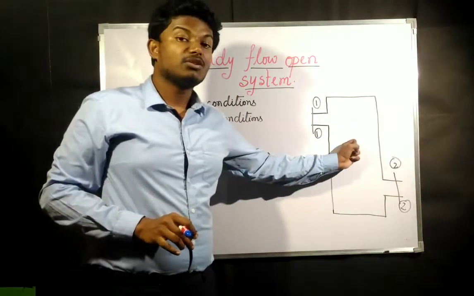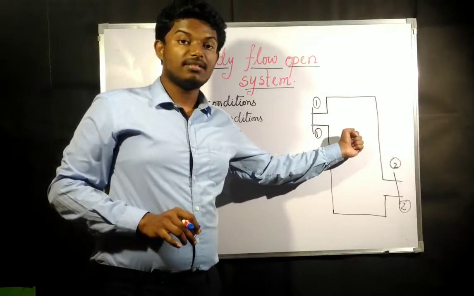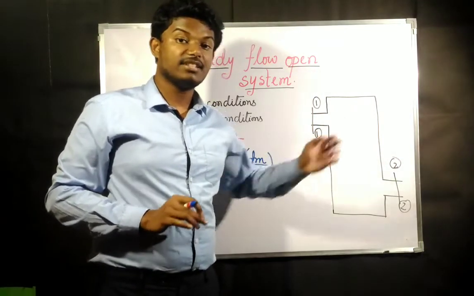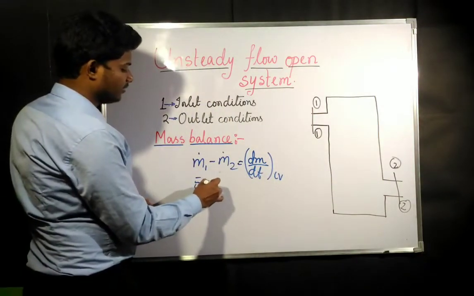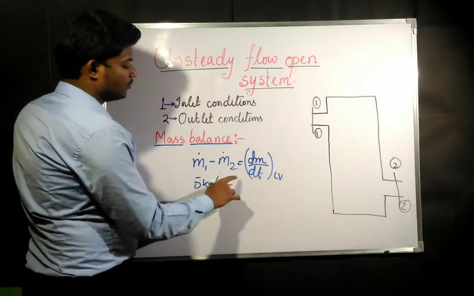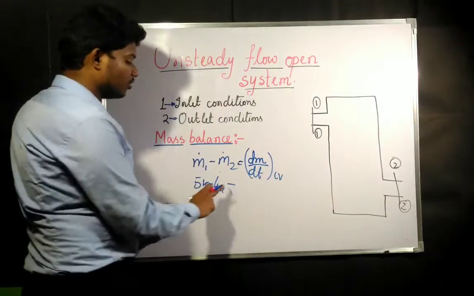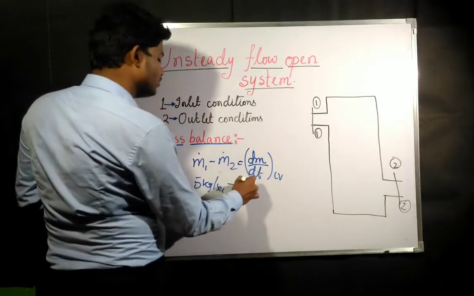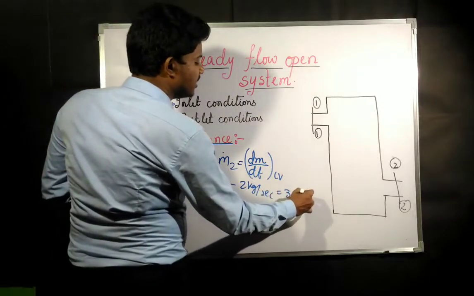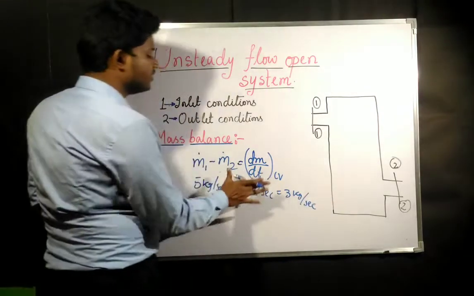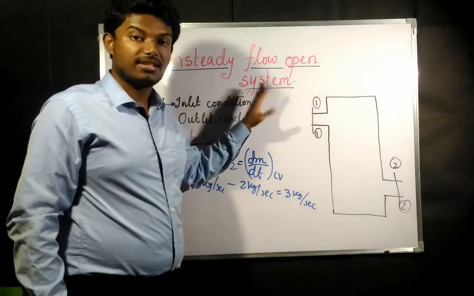Then what is the mass accumulated per second? It would be 3 kg per second.